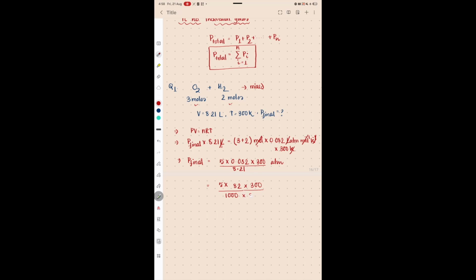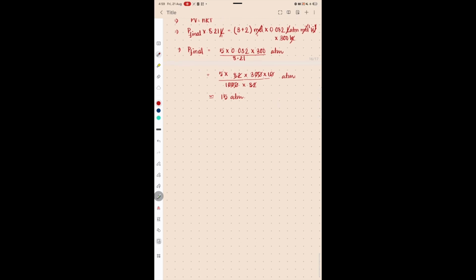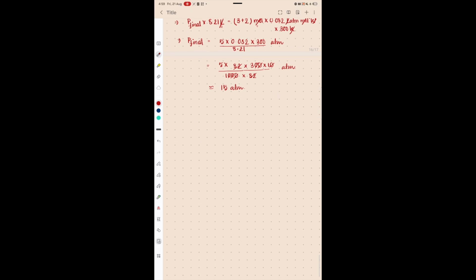I'm approximating this. So this is atm, and this cancelled out. So this is approximately 15 atm. So my final pressure is 15 atm.